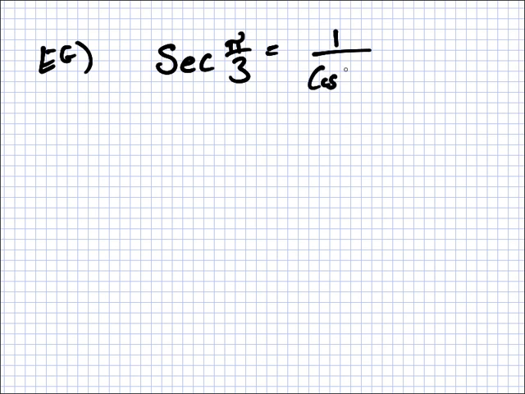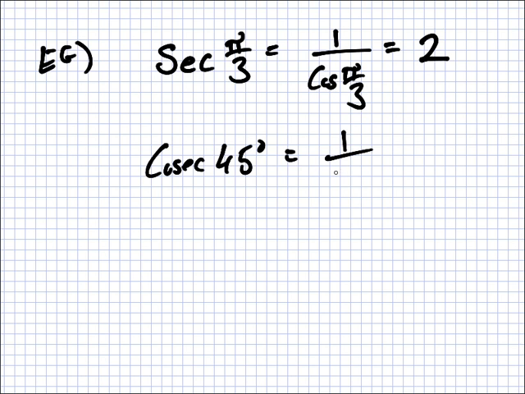Let's do some examples. First, a simple example. Let's calculate sec pi over 3. That would equal 1 over cos pi over 3, which is 2, because cos is a half. What about cosec 45 degrees?